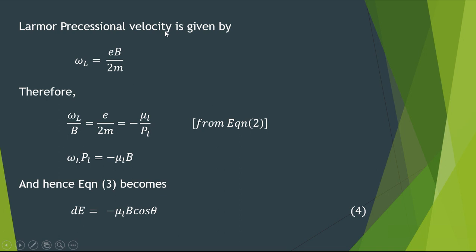Larmor precessional velocity is given by omega L is equal to eB by 2m. On rearranging this, omega L by B is equal to e by 2m.